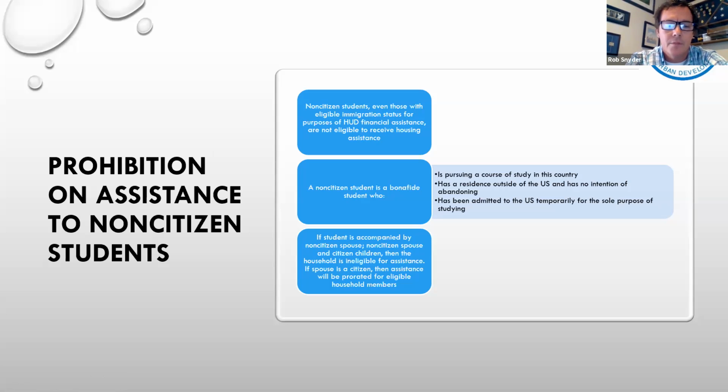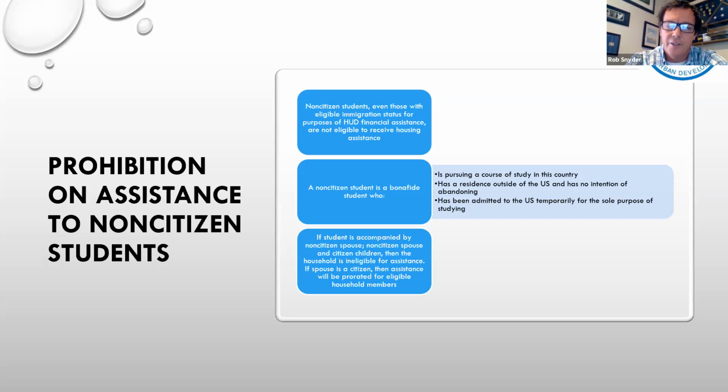So, there's a prohibition for some non-citizen students: those without eligible immigration status for financial assistance are not eligible to receive assistance under the Housing Choice Voucher Program. That's kind of a mouthful. I guess it helps that it's on the screen there. And then a non-citizen student who is pursuing a course of study, right, or has a residence outside the U.S. and no intention of abandoning that residence to move here, or has been admitted on a temporary basis to study.